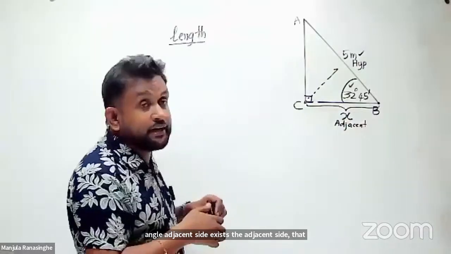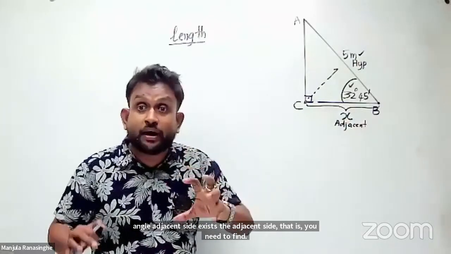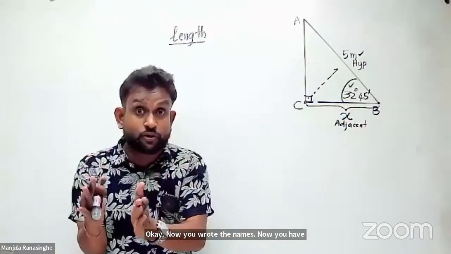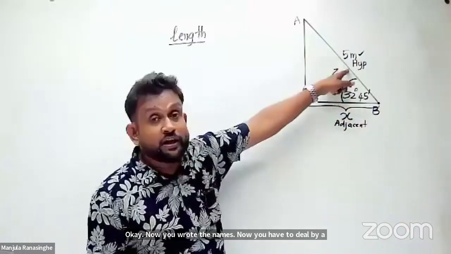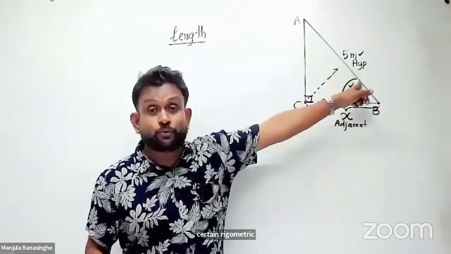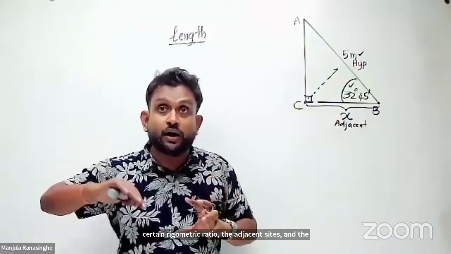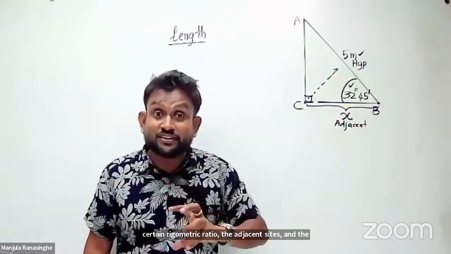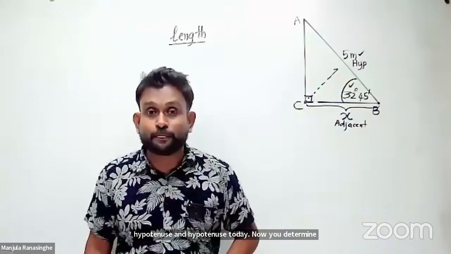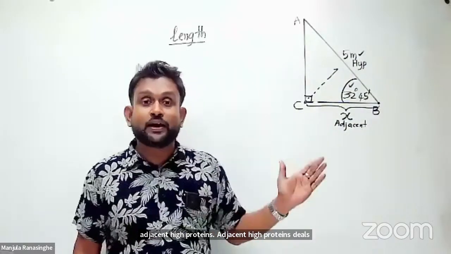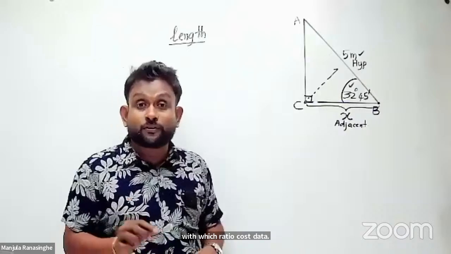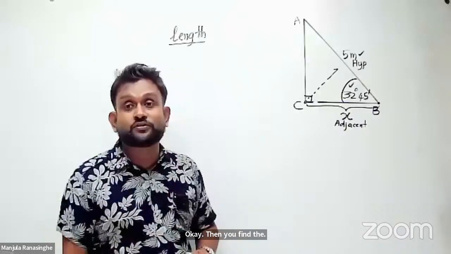Now you have written the names. You have to deal with a certain trigonometric ratio of the adjacent side and the hypotenuse. Adjacent and hypotenuse deal with which ratio? Cos theta. Then you apply the ratio of cos theta.